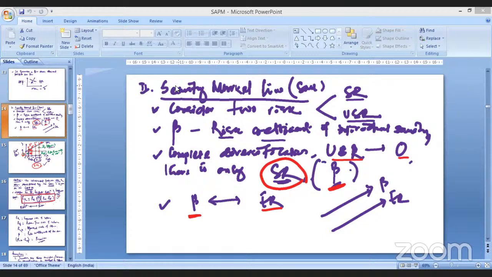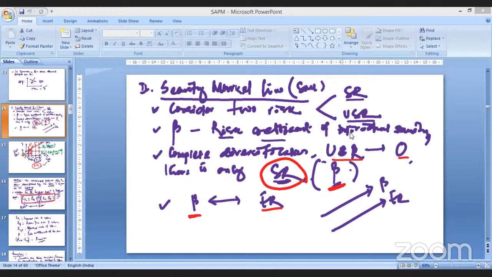Okay, so security market line, SML. On the basis of this security market line, the capital asset pricing model is determined by William F. Sharpe and John Lintner. It considers two risks. One is systematic risk, another one is unsystematic risk. We have already discussed. Again, it also considers beta.